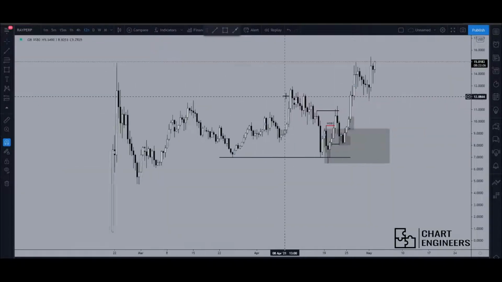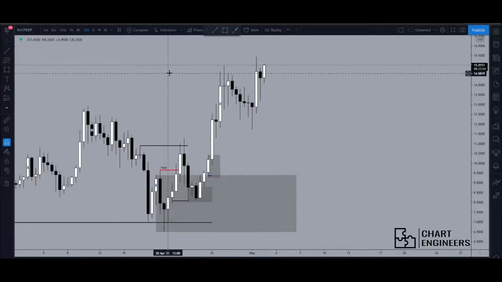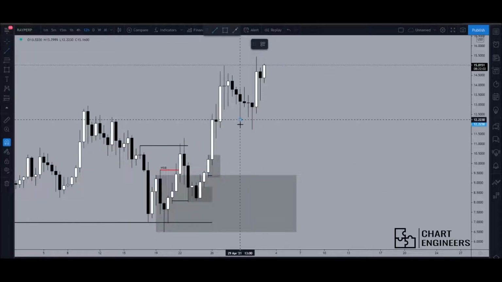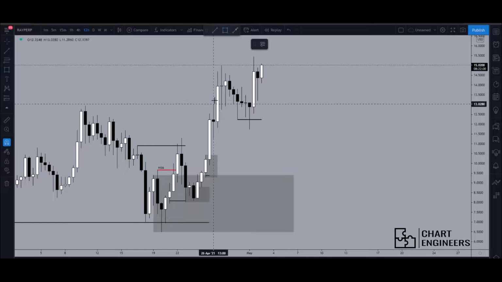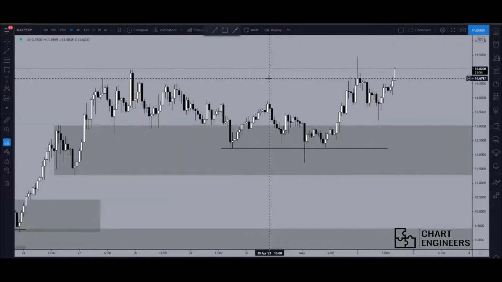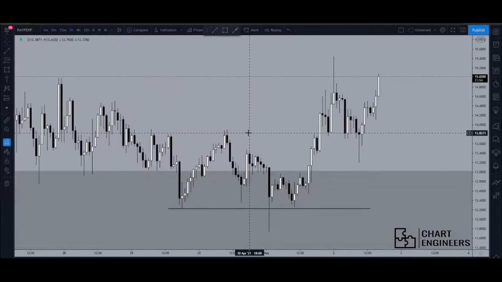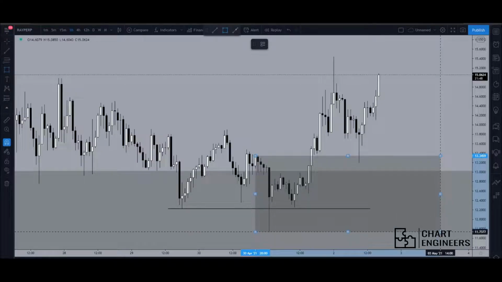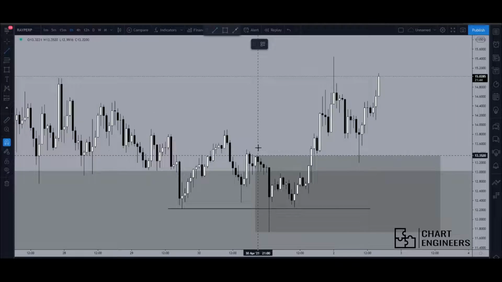Now if we go back to 12-hour, structure is bullish, and we have a 12-hour sweep inside this order block here. Now if we go down to the 1 hour, where are our potential entries going to be? So it's not really, it's just this here. And MSB is on this candle here.